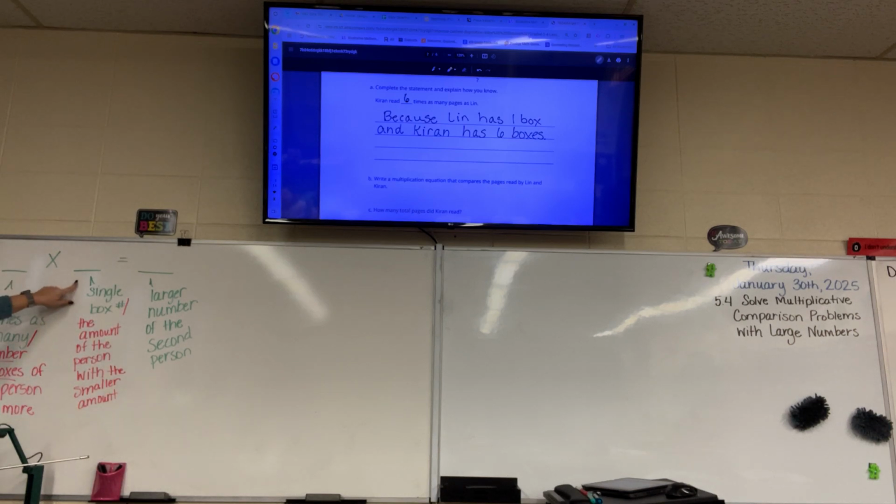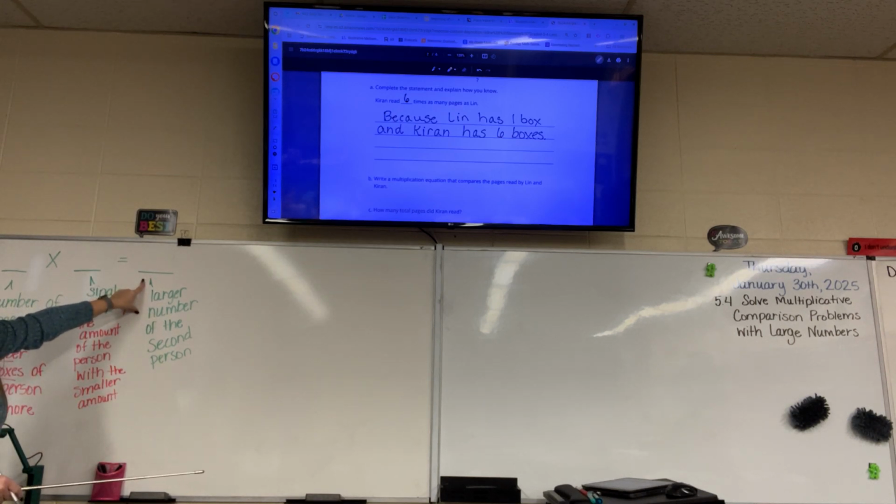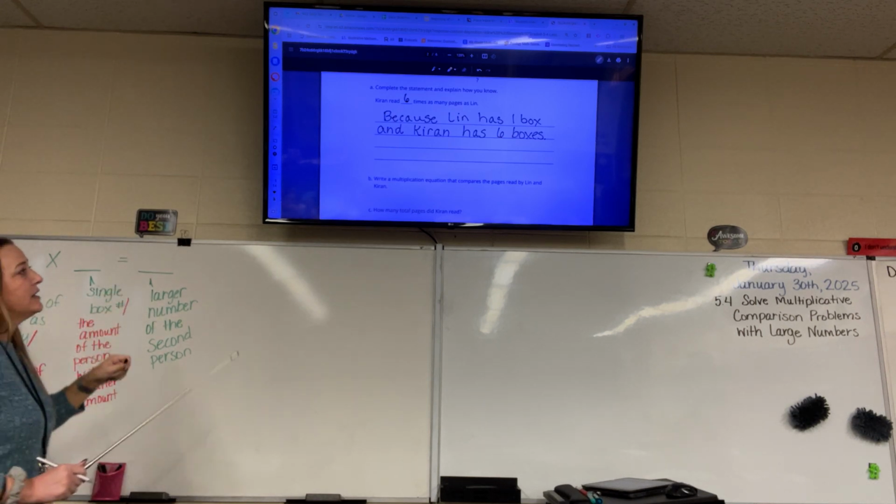The second number that you write down is the number in the single box, or the amount of the person with the smaller amount. Then the last is the larger number of the second person.